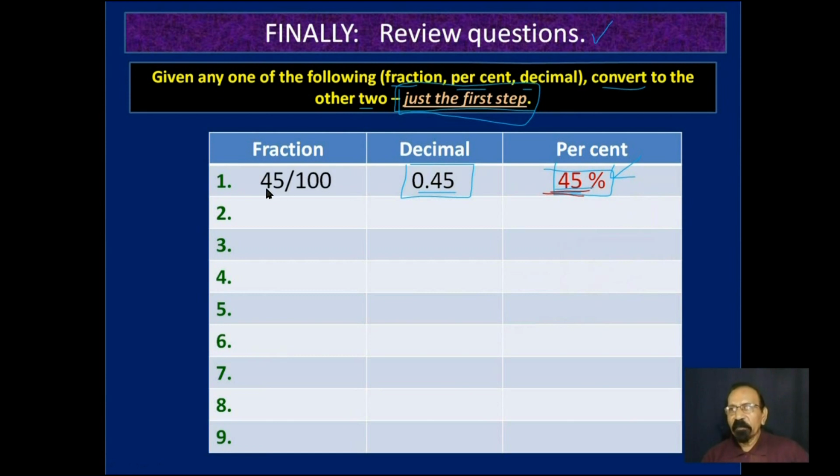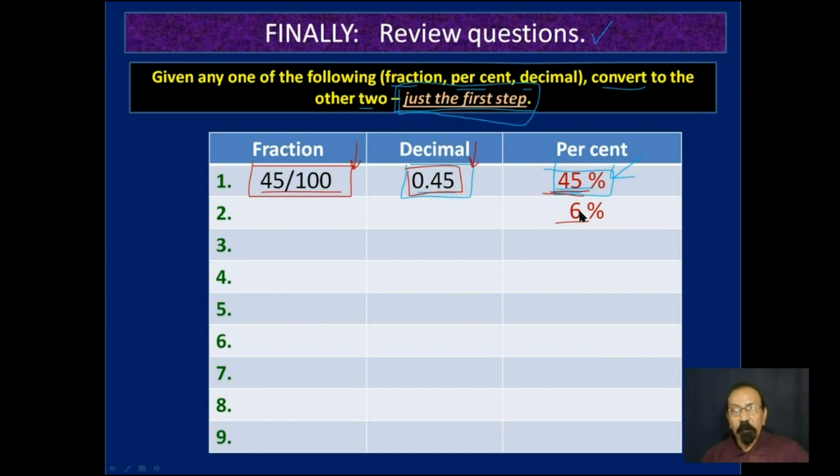So it is 45 divided by 100. In both cases, whether it's fraction or decimal, to convert a percent, you divide by 100, except you keep the decimal one in decimal format and you keep the fraction one in fraction format.